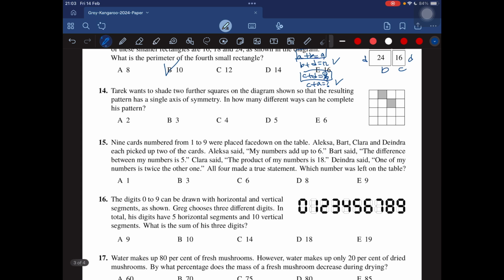Tarek wants to shade 2 further squares on the diagram so that the resulting pattern has a single axis of symmetry.